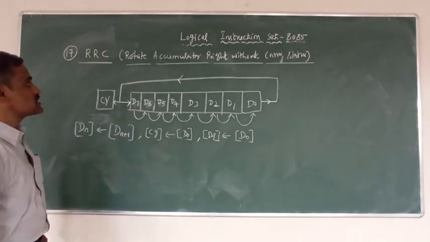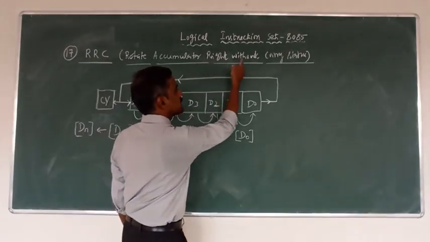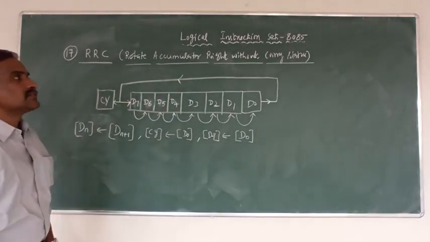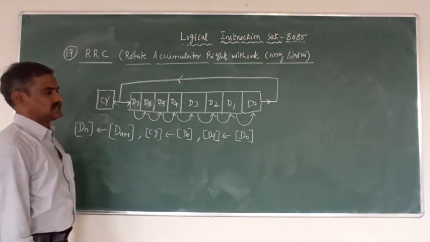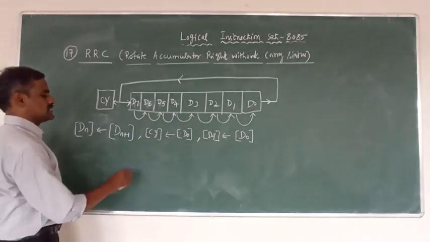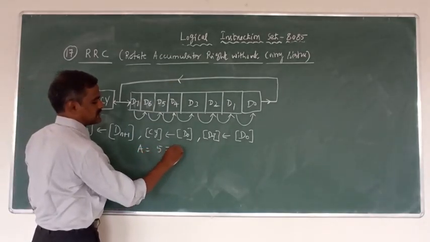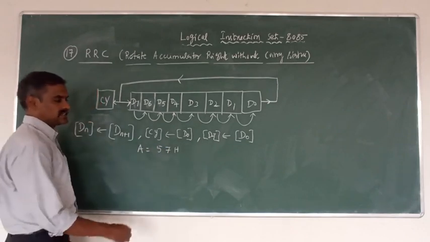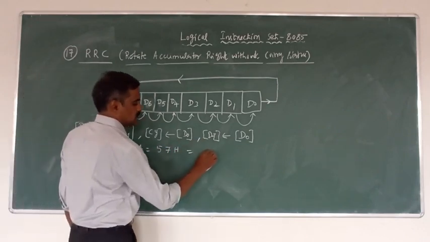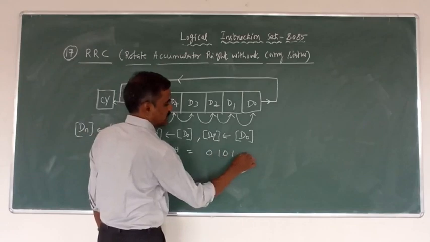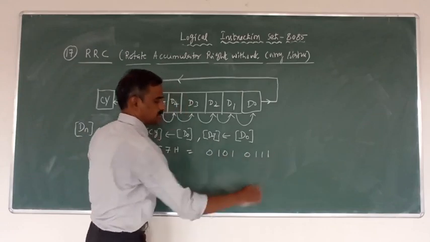This is the operation of rotate accumulator content right without carry status. Suppose accumulator equals 57H. 57H means 0 1 0 1 0 1 1 1.